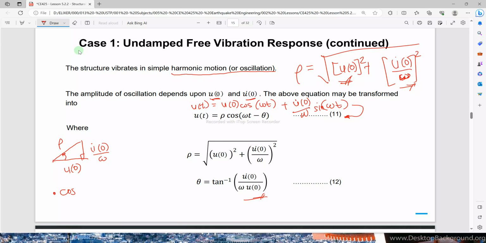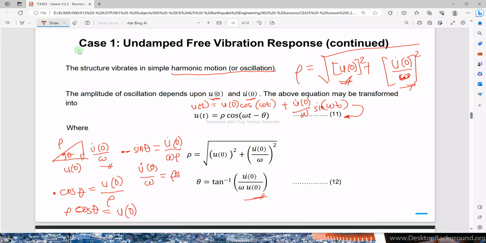If we have our angle here, cosine theta is just the adjacent over the hypotenuse, that is u0 over rho, so u of 0 is equal to rho cosine theta. Now, if we take sine theta, we will have u dot 0 over omega over rho, and eventually u dot 0 over omega is equal to rho sine theta.